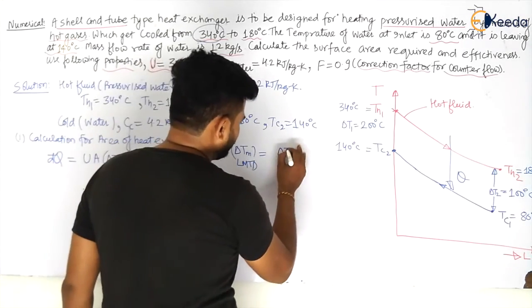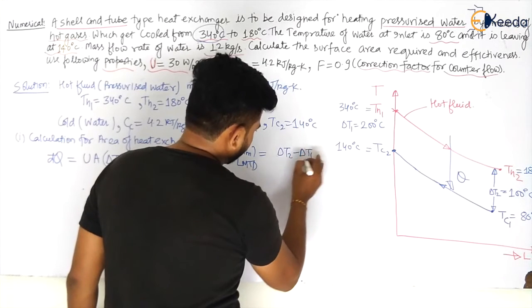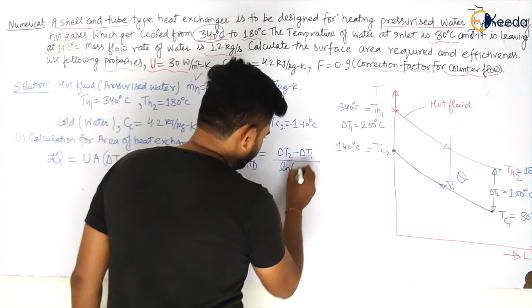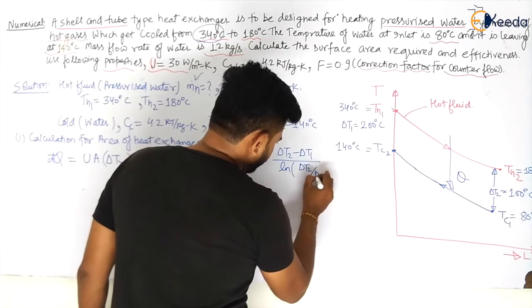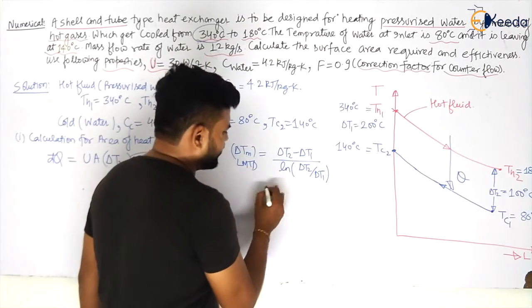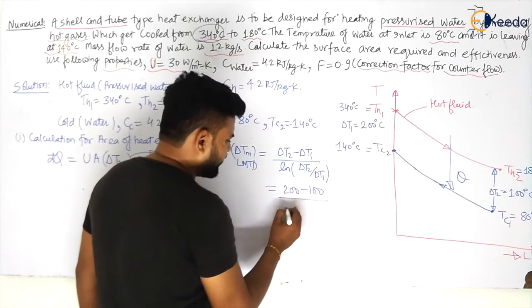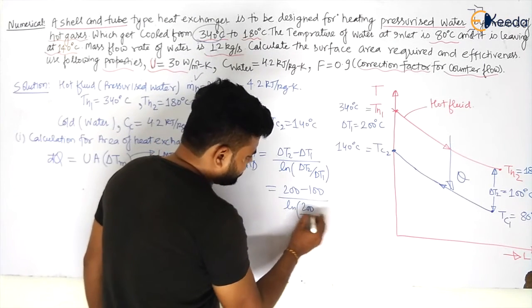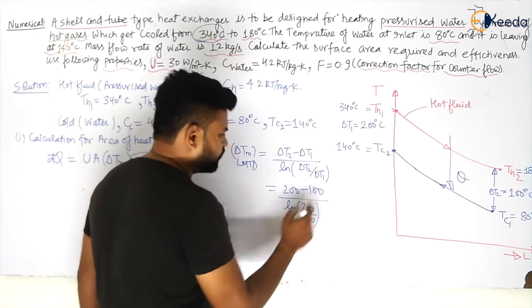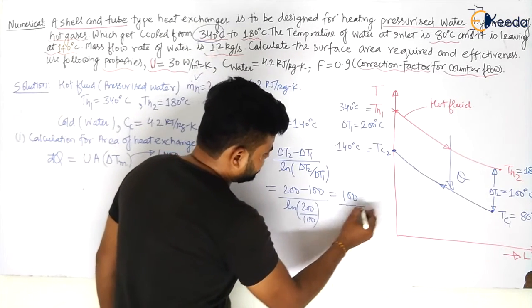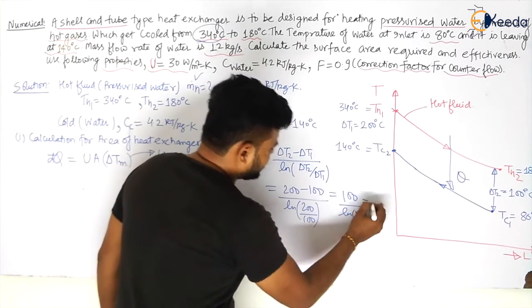That will be delta T2 minus delta T1, divided by ln of delta T2 divided by delta T1. So we have 200 minus 100, divided by ln of 200 divided by 100, that is ln of 2. So this will be 100 divided by ln of 2, and we can easily calculate it.